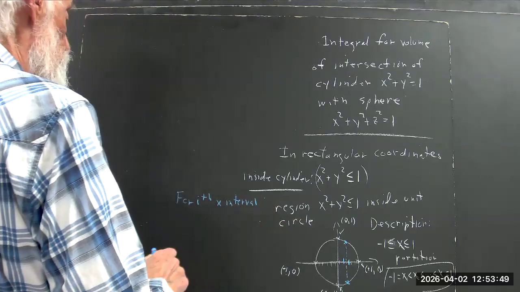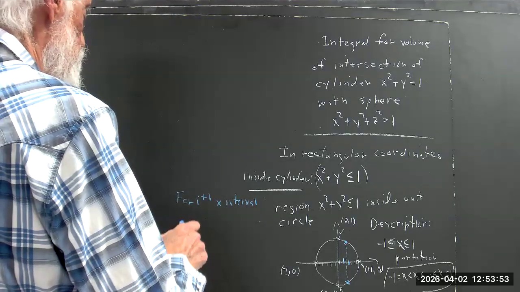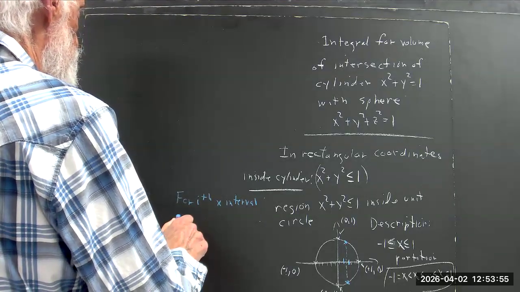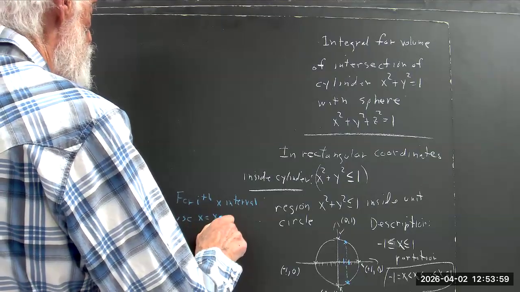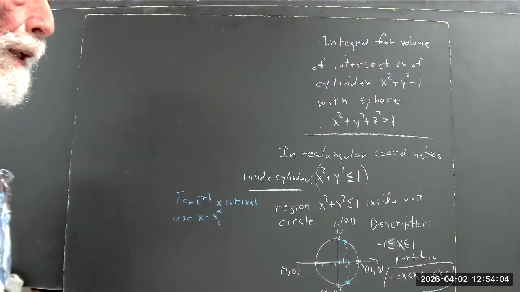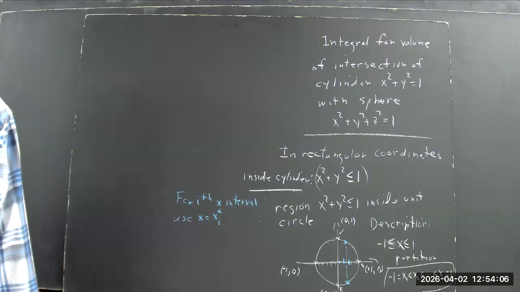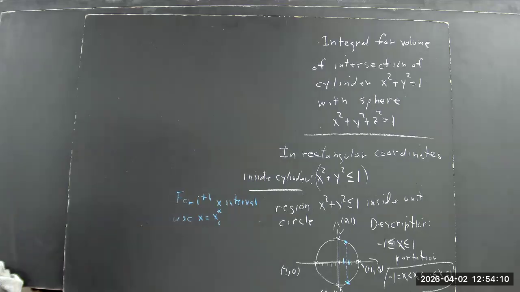The ith x interval. We use x equals xi star as our value of x. I've explained this in more detail previously. Let's go back over it if you need to.